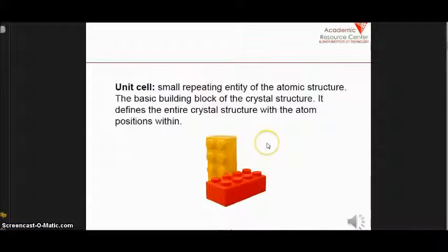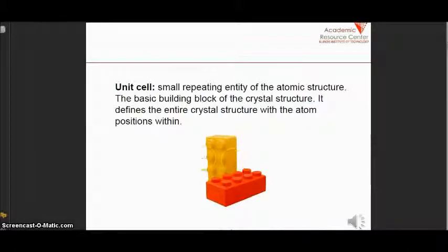Now we will go to the basic repeating unit of the crystalline solid, that is the unit cell. The unit cell is very important for a solid structure. So what is a unit cell? The smallest repeating unit is called the unit cell, like building blocks.